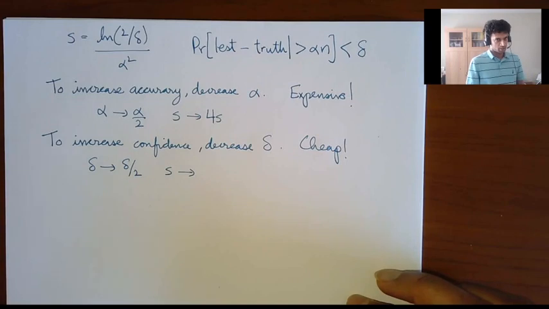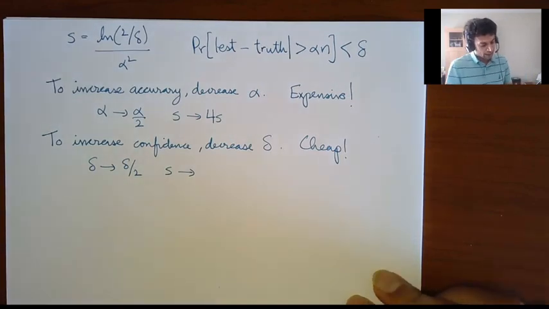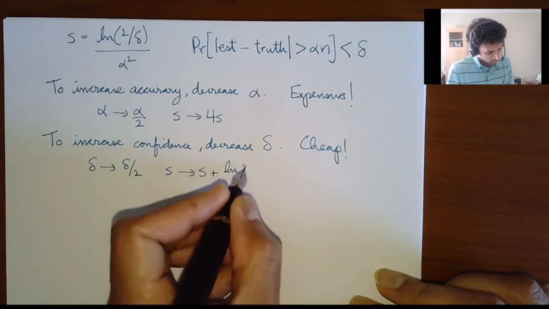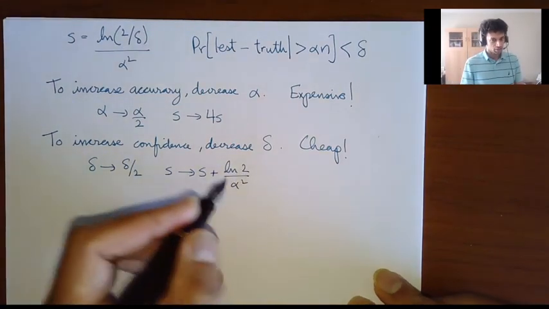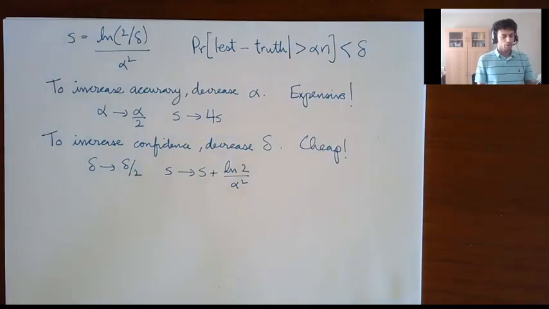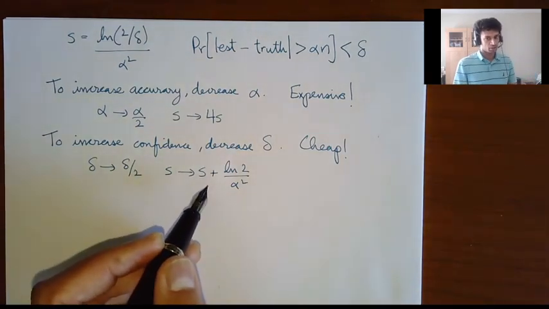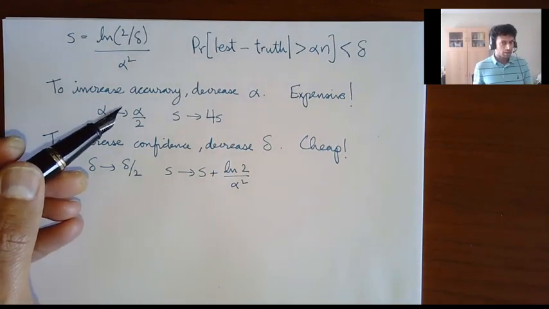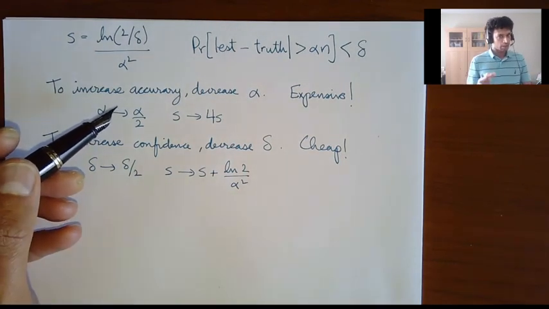It's basically S plus log of 2 by alpha squared, and this is much smaller than S, meaning that to increase your confidence, you only need an additive increase in your sample size. To increase your accuracy, you need a multiplicative increase in your sample size.